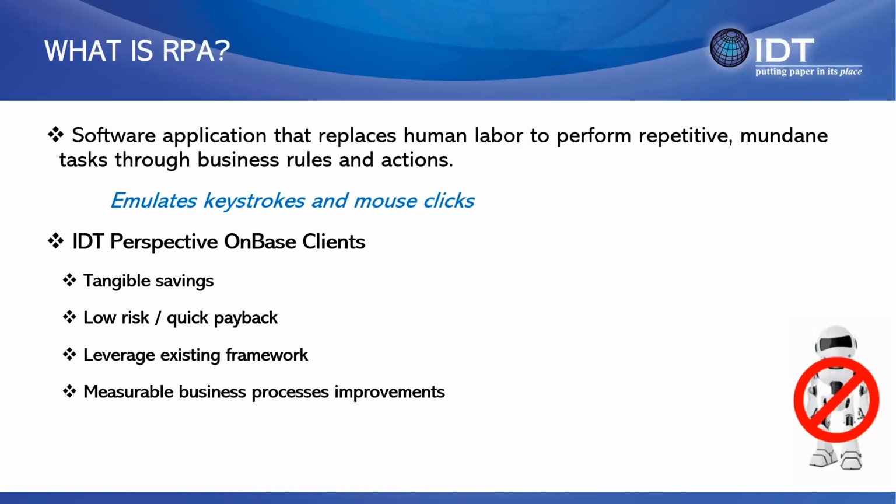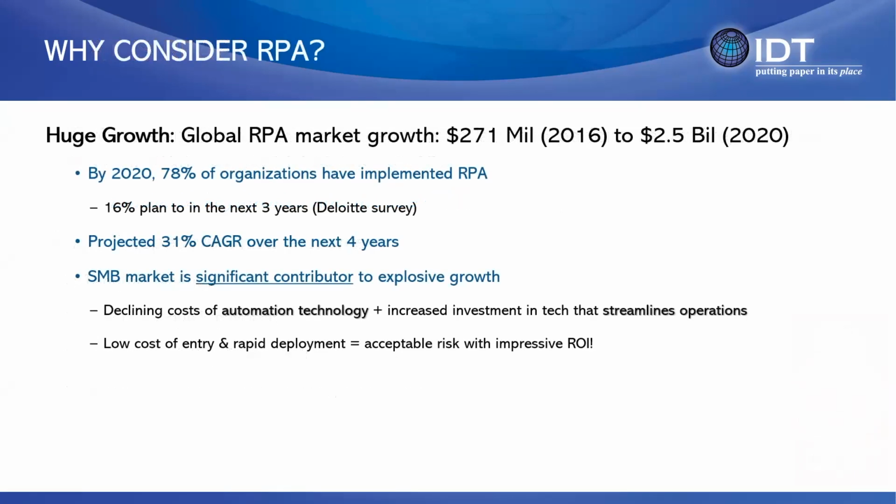And this is something we're actually going to see as we talk through some of the use cases and demonstrations later today. So why consider RPA? Well, when you look at it from a market perspective, there's absolutely huge growth. The global RPA market has grown from 271 million back in 2016, all the way to 2.5 billion in 2020. As of last year, an interesting statistic is that over 78% of organizations have implemented some type of RPA in their organization.